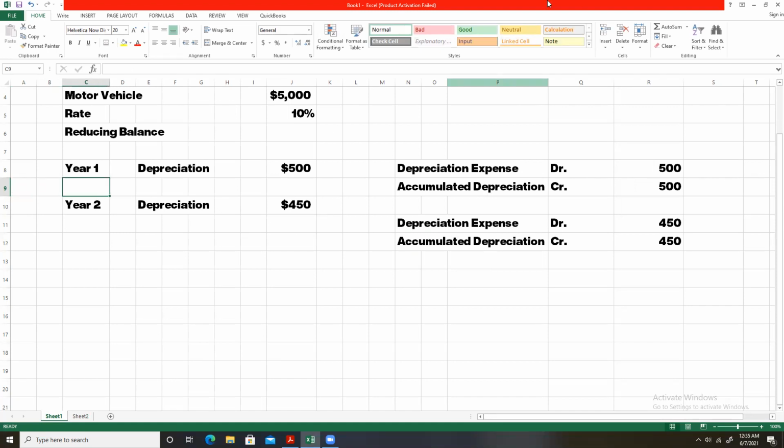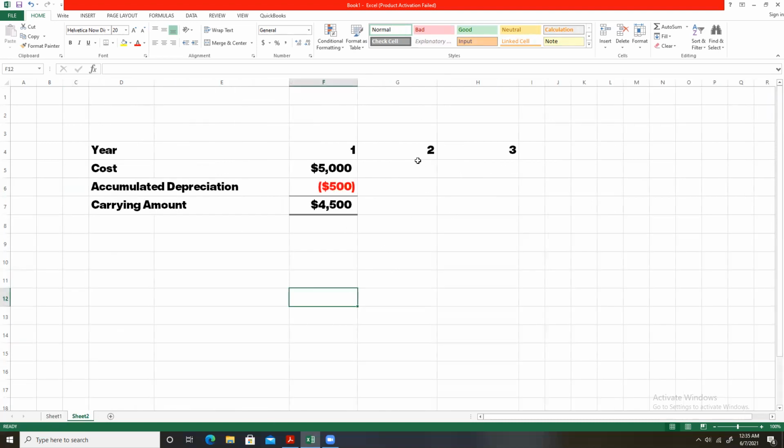In the second year, another depreciation expense of $450 will be charged, and it will again be credited to the accumulated depreciation account.